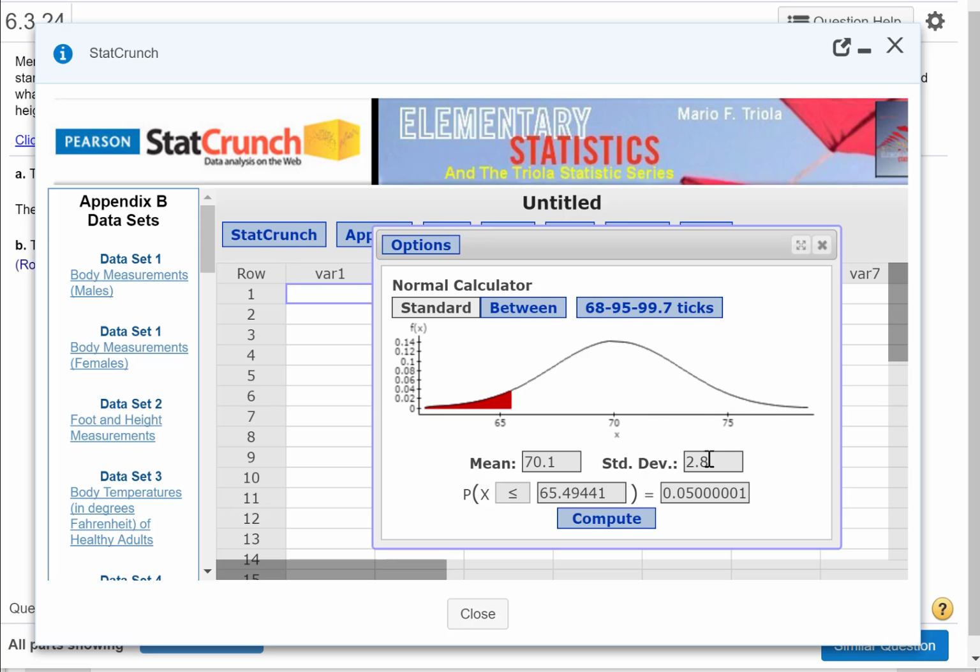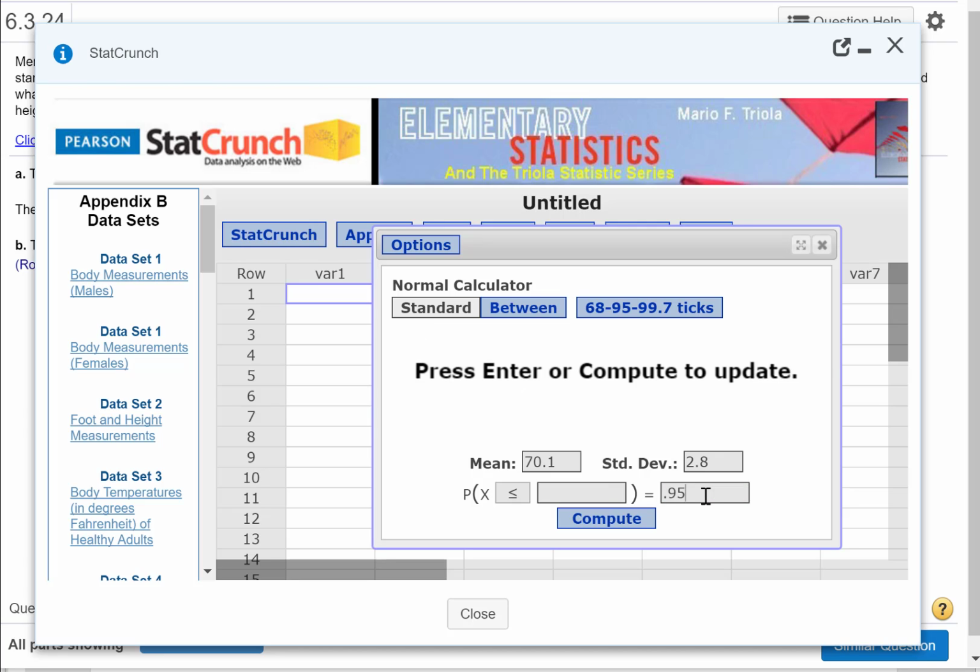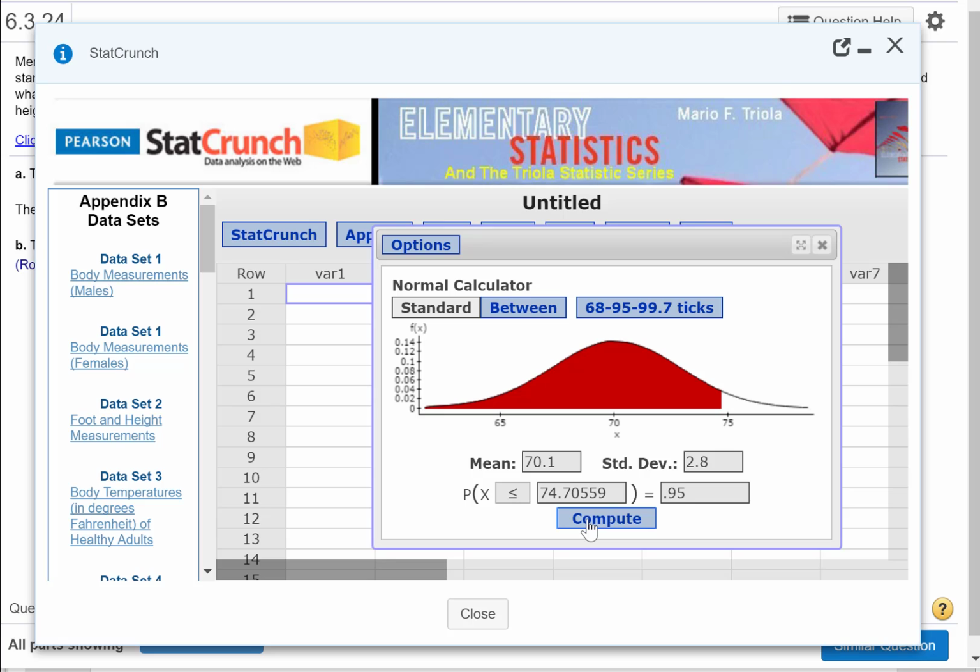I need this value to be over here. So really what this is going to give me is I need to make this 0.95. So there's that 74.7. The way it's shading, it's giving me this value here to the left. So that's why I had to change that around. Sometimes you've got to play with this just a little bit. So again, this area here in the white is 0.05. So this area here is 0.95.